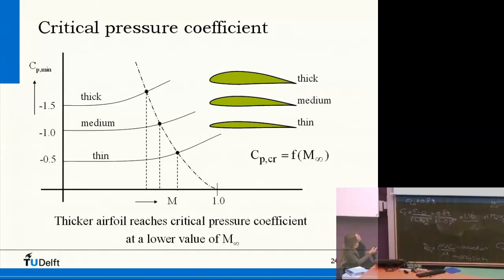The critical pressure coefficient is also a function of the airfoil and of the Mach number. If we have a thinner airfoil, we have to fly faster, right? It's disturbing the flow less. We have to fly faster to reach a Mach number of 1 somewhere in the flow. And the resulting pressure coefficient looks like this. And even thinner like this. So there's a relation between thickness, critical Mach number, and critical pressure coefficient.